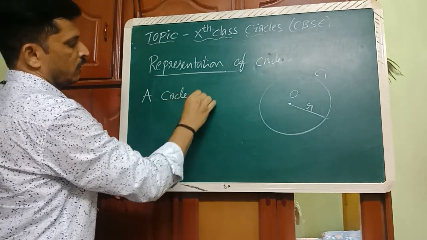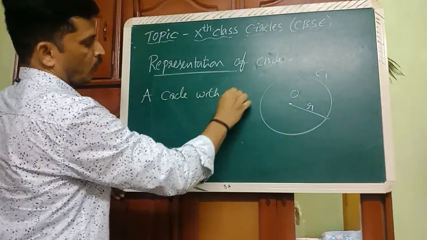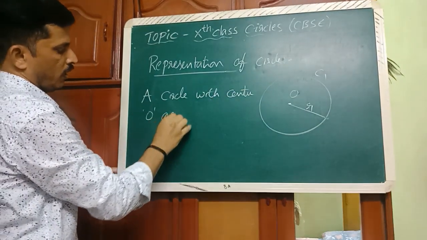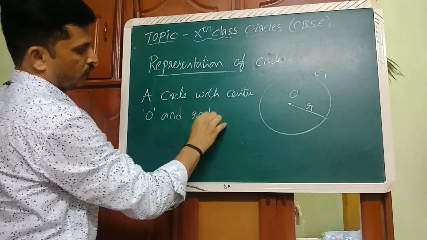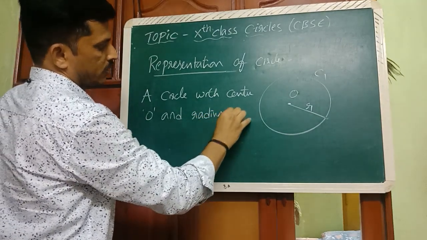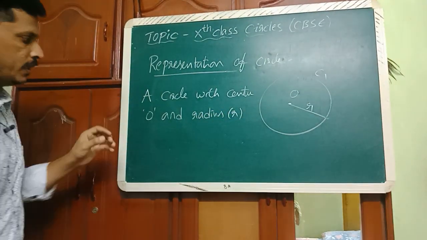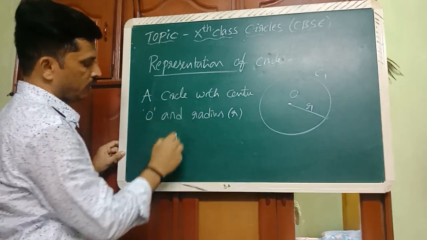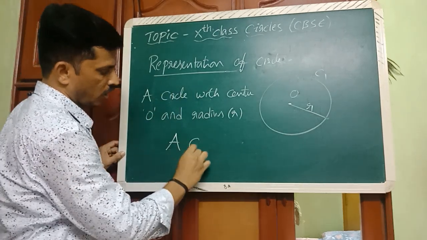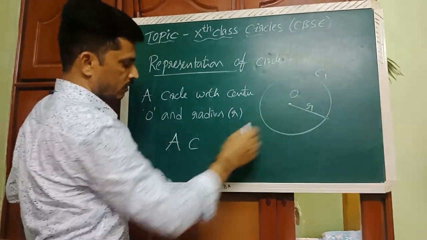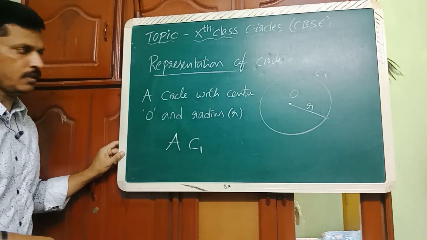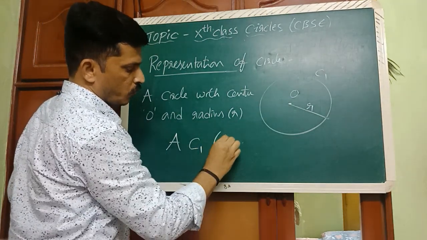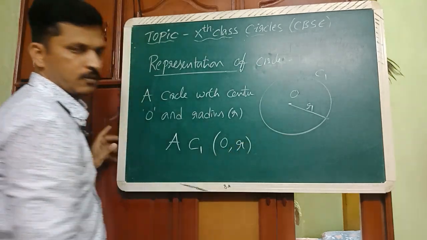A circle with the center O and the radius R. In short form, in place of the word circle we simply write C, here C1. A circle C1, the center O and radius R.